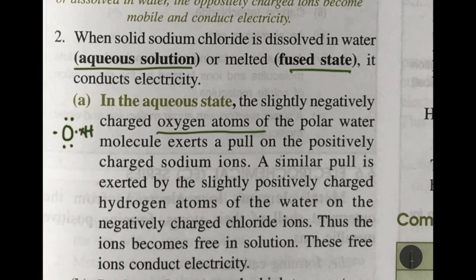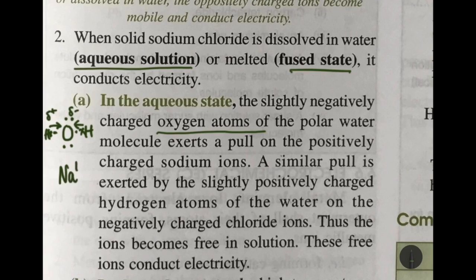So this hydrogen will be pulled towards oxygen, having a slight delta positive, and oxygen will have a slight delta negative charge. So the slightly negative charged oxygen atoms of the polar water pull on the positively charged sodium ions.